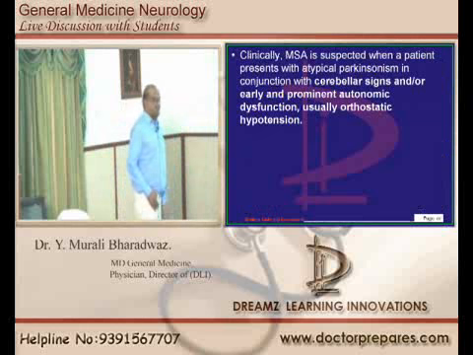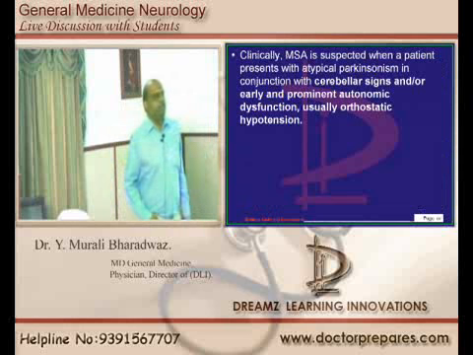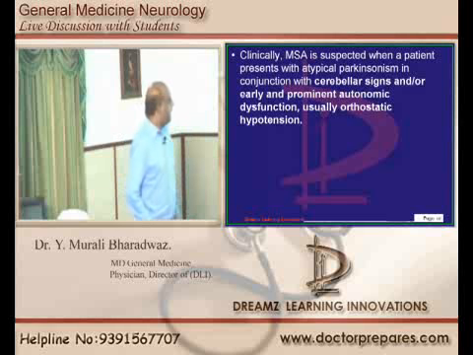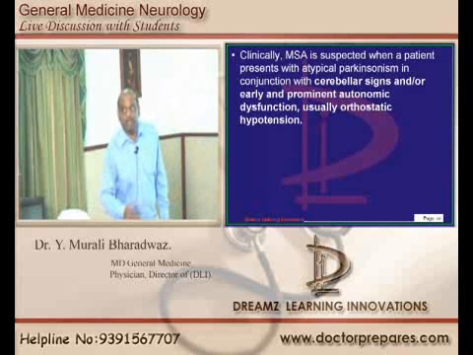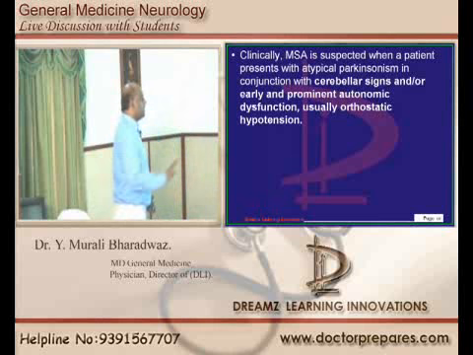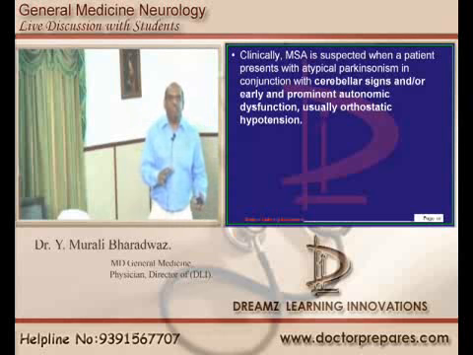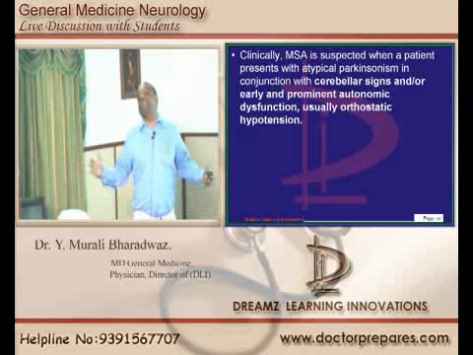Now, when you suspect multisystem atrophy, basically you will first diagnose that the patient is having Parkinsonism. But since there is autonomic dysfunction, you will suspect it is not purely Parkinsonism, it is Parkinson plus. Also there are cerebellar signs and orthostatic hypotension. All these features along with Parkinsonism will make you think of multisystem atrophy.